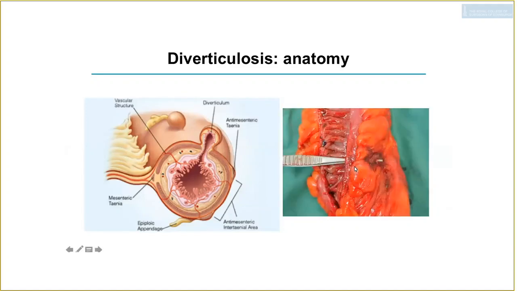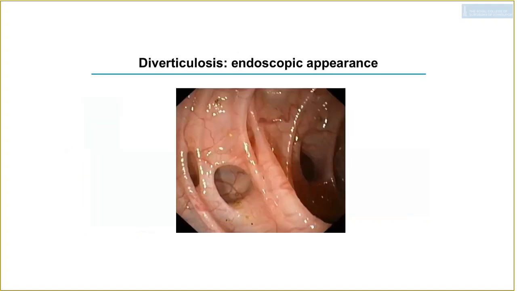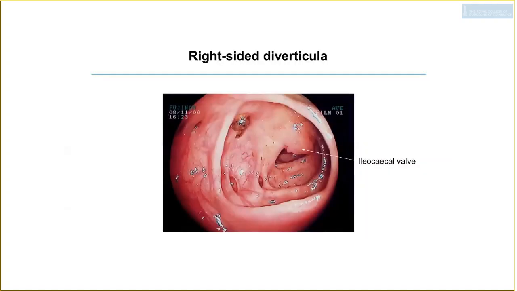And of course, they perforate, and it's the perforating mechanism that creates the complications associated with diverticulitis. Here's an endoscopic appearance, and you can see that here's a case, looks like a Swiss cheese, doesn't it, with multiple potential holes. And these diverticula are basically mucosa and submucosa with no muscle, and so they're prone to perforation.